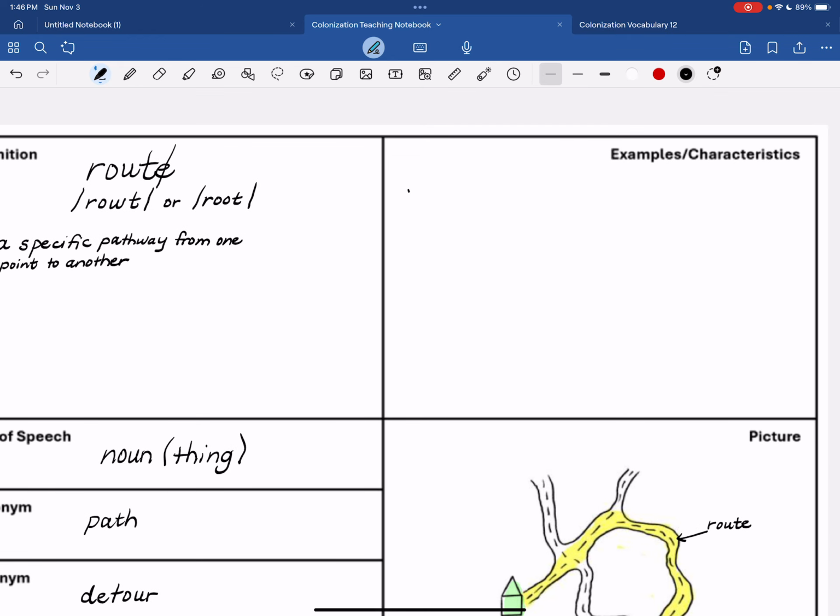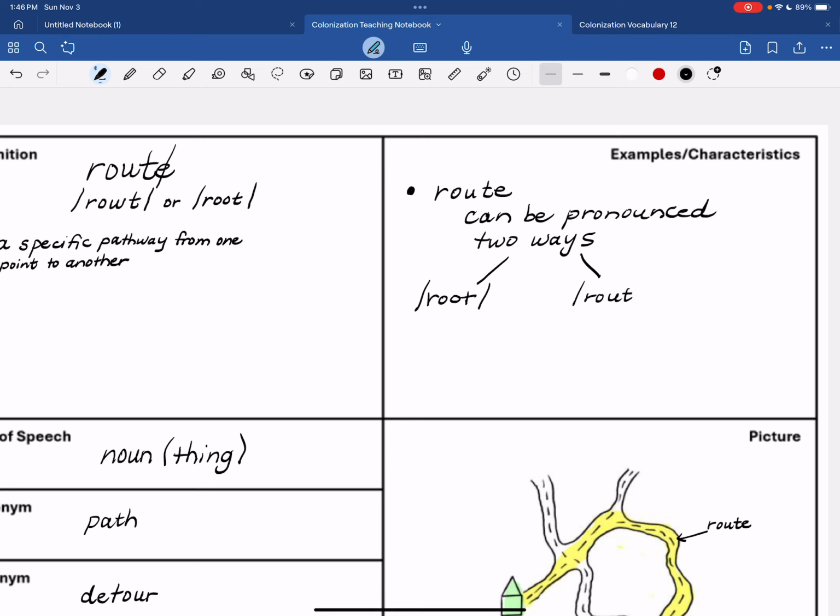So the thing I want you to know about R-O-U-T-E is it can be pronounced two ways. It can be pronounced as root or as route.